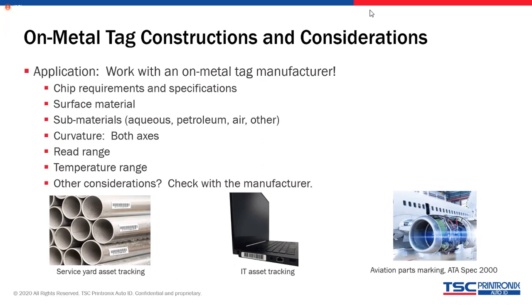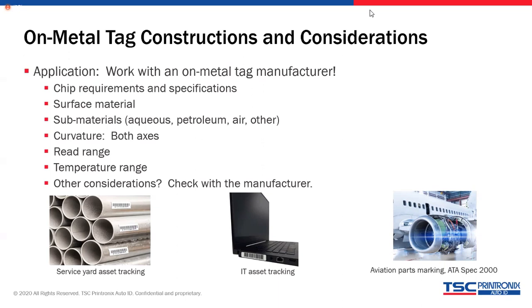So the first thing you want to do is start examining the application where the tag will be used. We definitely recommend working with an on-metal tag manufacturer. So you want to have a dialogue with the on-metal tag manufacturer when you are selecting your on-metal tag.